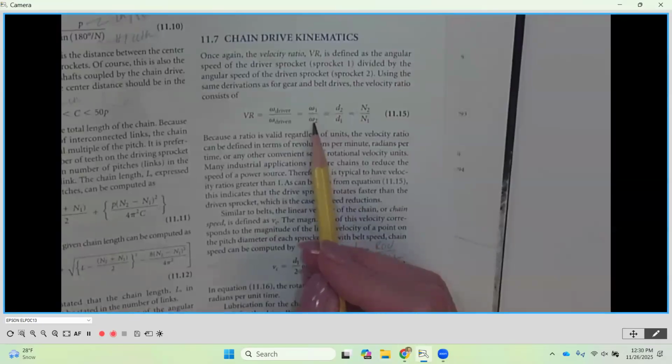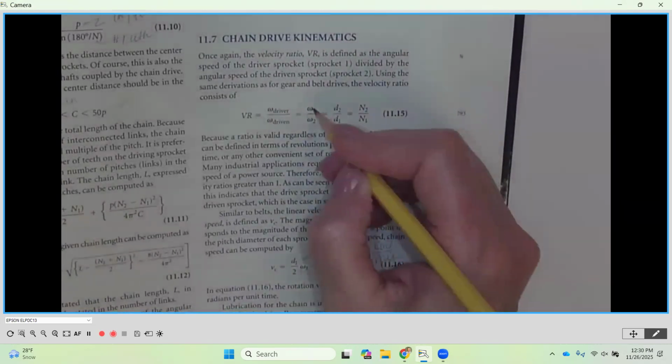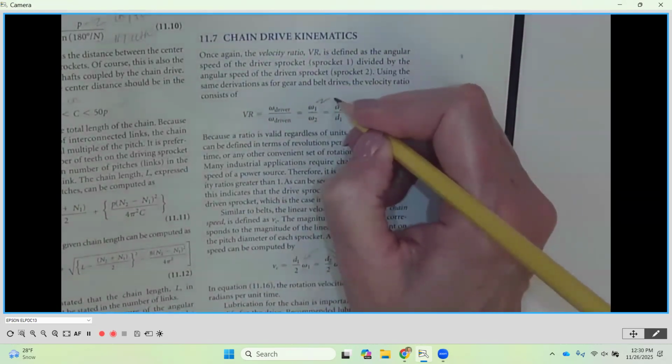Now, it is not a typo that our angular velocity, number one is on top, number two is on the bottom, but when we go to the physical sizes of the diameter and the number of teeth, the two goes on top, okay? Remember, I like to think of it as the larger number is going to go on the top.